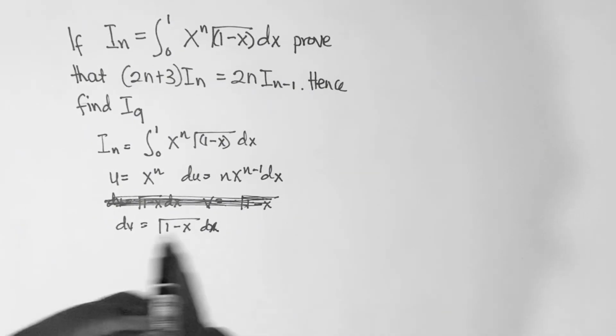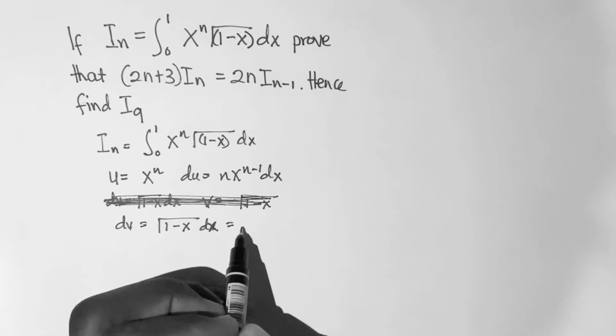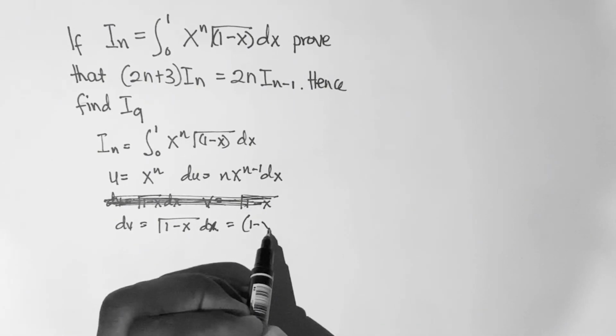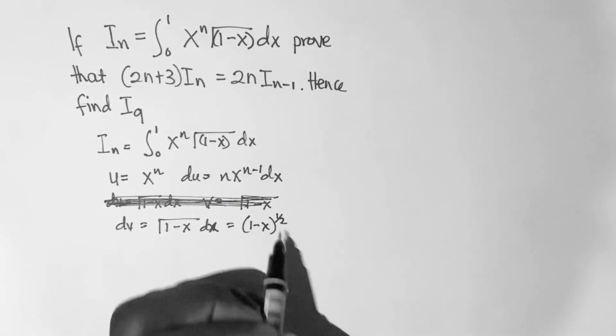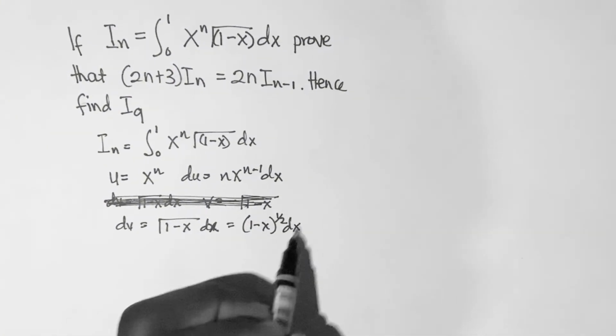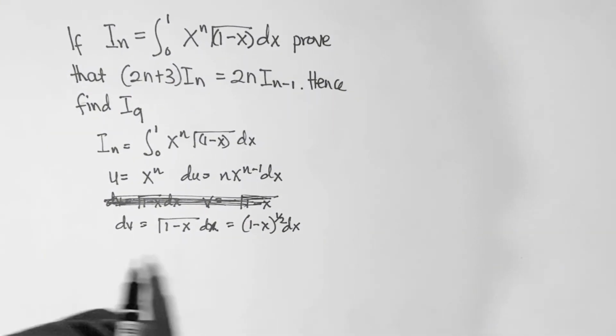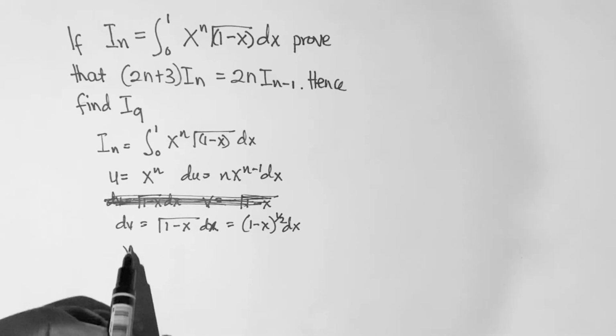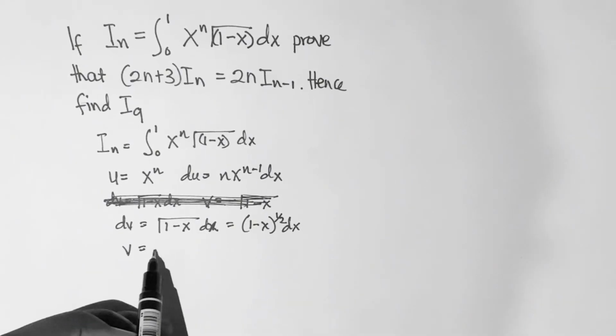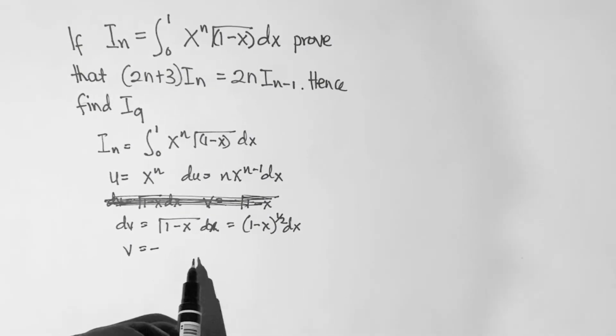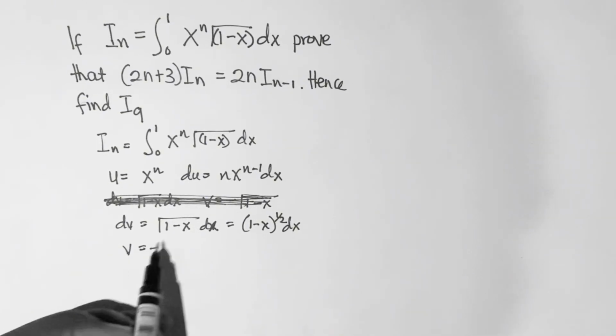We can rewrite this as (1 minus x)^(1/2) dx. If you integrate this, v is equal to minus, because if you differentiate 1 minus x, you get minus 1, so minus has to come out.